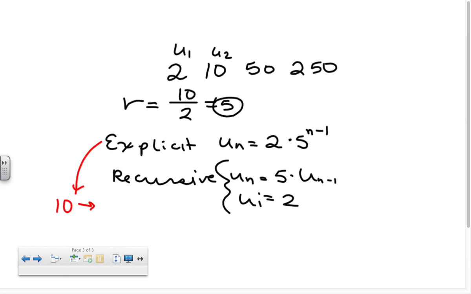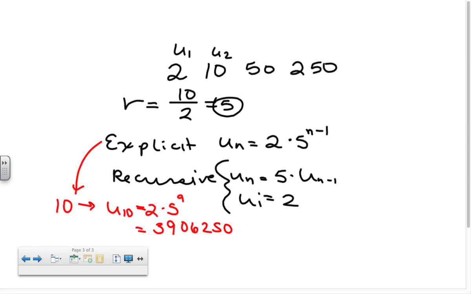So I'm going to use the explicit function. u_10 is going to equal 2 times 5 to the 9th, because it's n minus 1. If n is 10, 9 is n minus 1. And I throw that in a calculator, and I get 3,906,250.